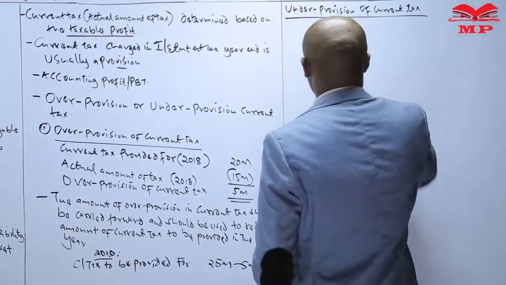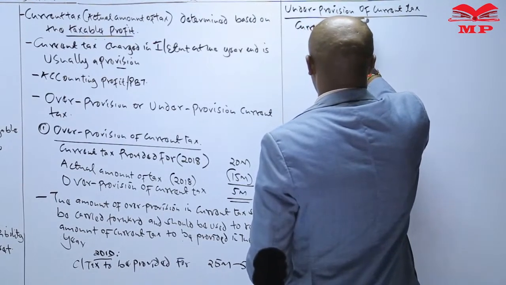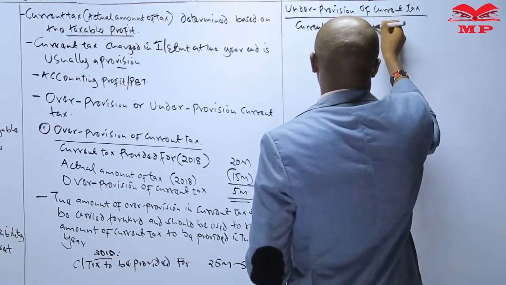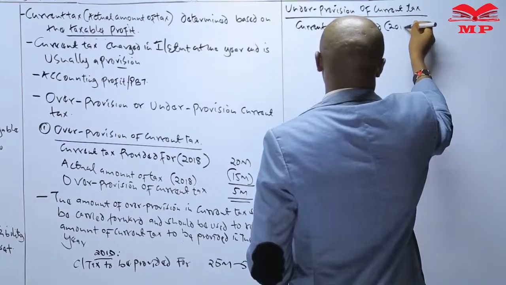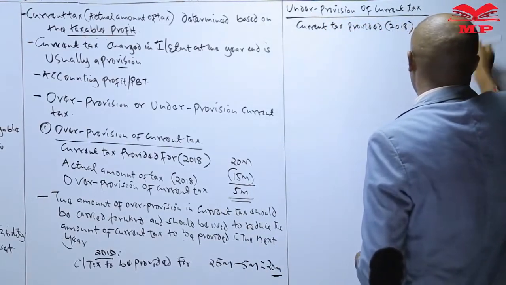For example, let's assume that in the year 2018, the current tax provided for at the end of 2018 is maybe 20 million.